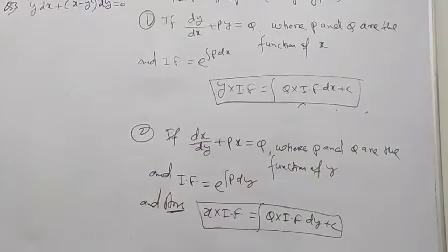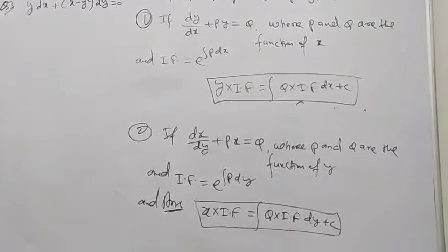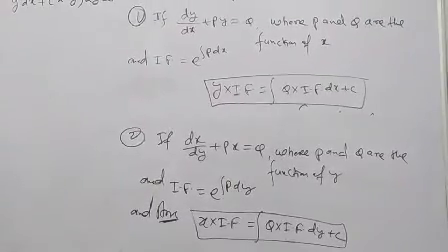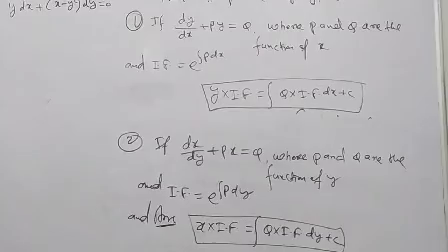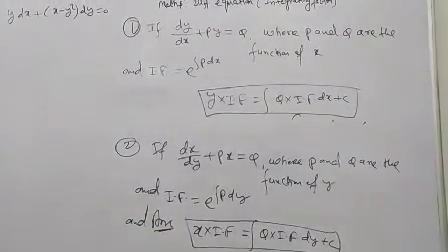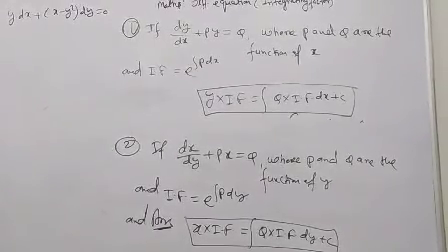The first one is if dy by dx plus Py is equal to Q, where P and Q both are functions of x, and for this the integrating factor is equal to e power integral of P dx. The required answer is y into IF is equal to integral of Q into IF dx plus c.